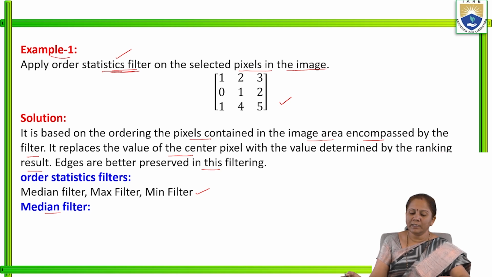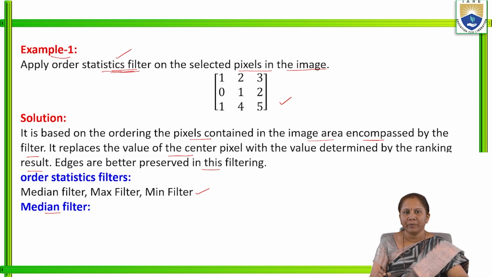If we consider the image, it is a 3 by 3 image and totally 9 pixels are available. Before applying any filter, first we have to arrange all the pixels in ascending order.